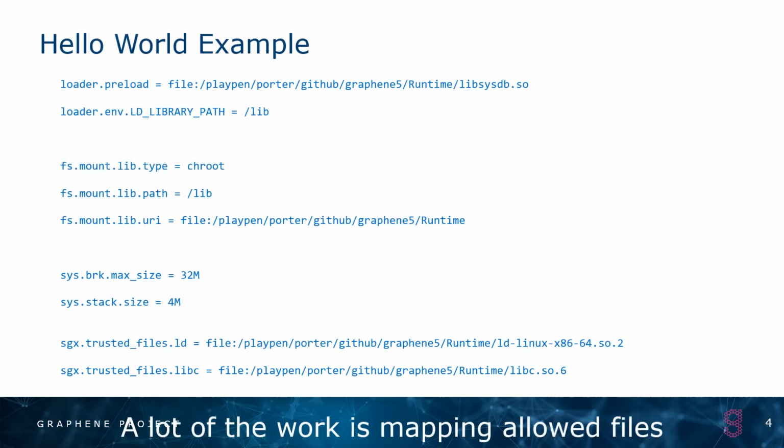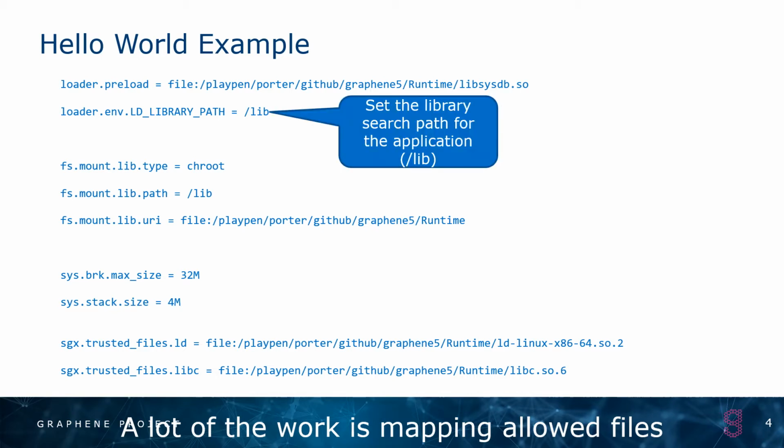So here's an example for a simple hello world file. I want to call out a few things first around the issue of creating file system mappings. First, we can set the LD library path, which controls where the application searches to find libraries, to be /lib in the virtualized view of the file system.